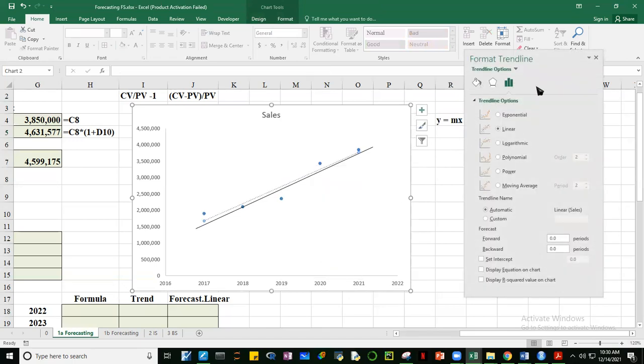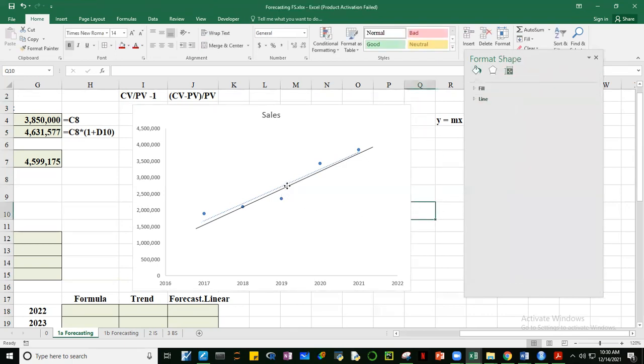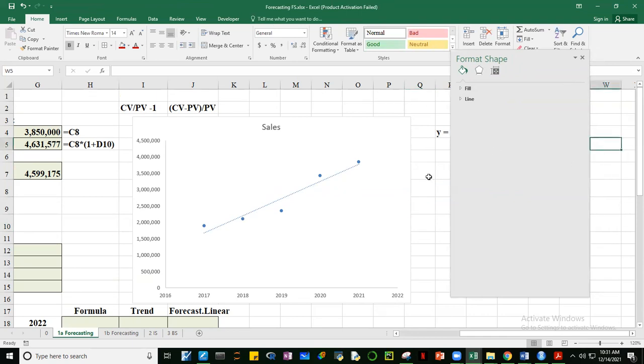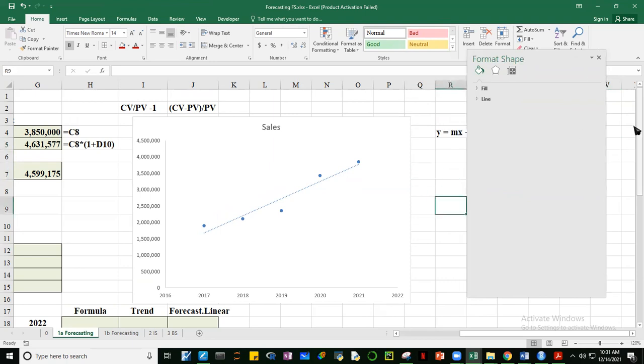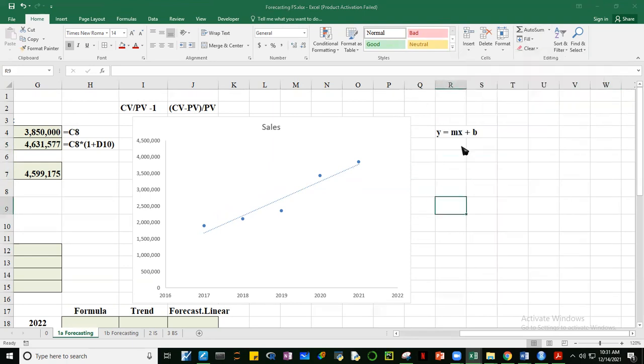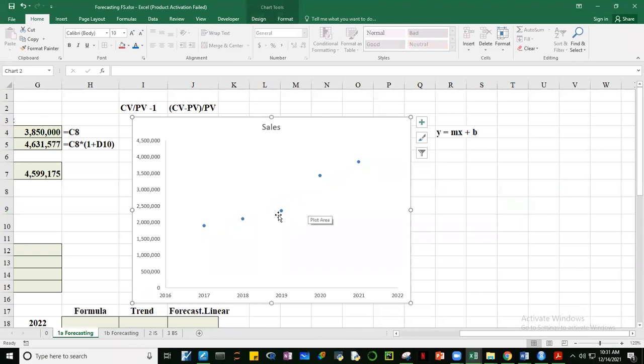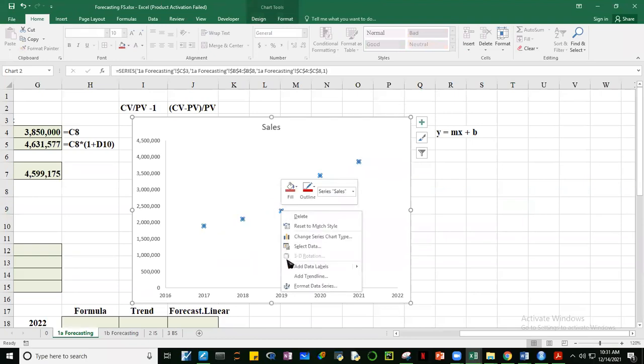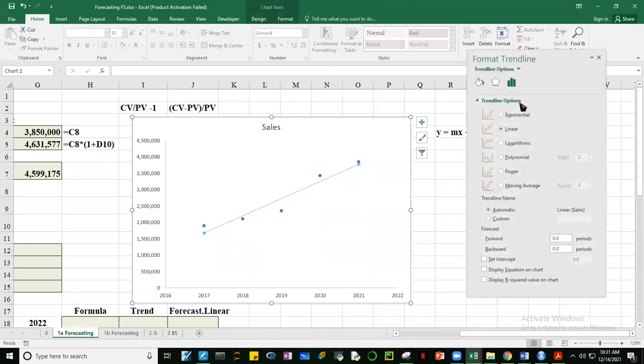Add trend line. Okay, sandali. Tanggalin ko muna itong line na ginawa ko kanina. Let me remove that. Okay, ulitin ko. Okay, there, guys. Delete ko muna ulit. Let me repeat, guys. Right click, add trend line. Okay, there you go.